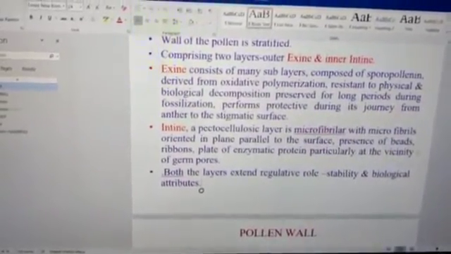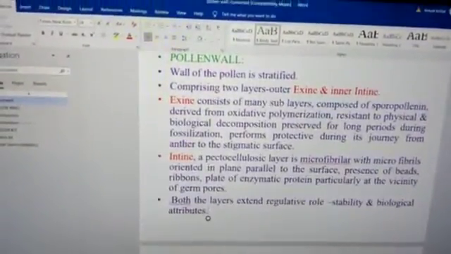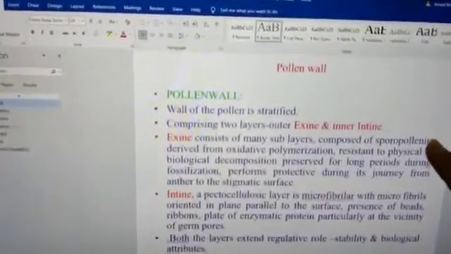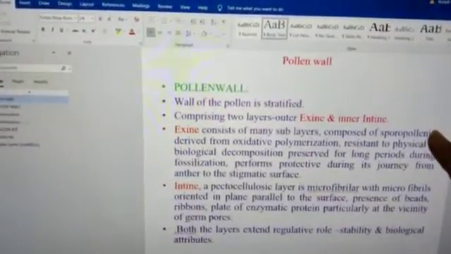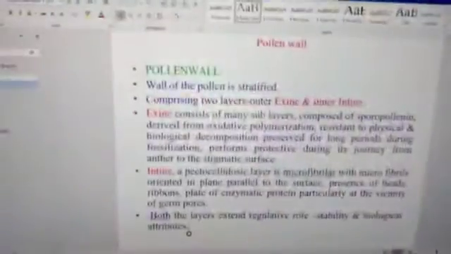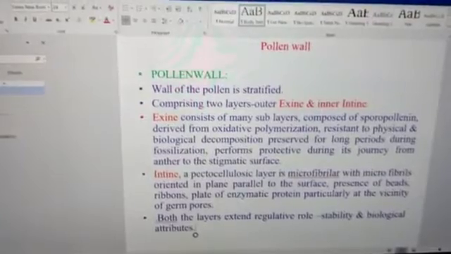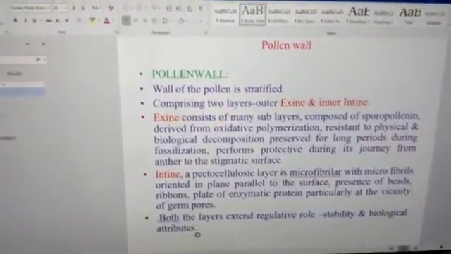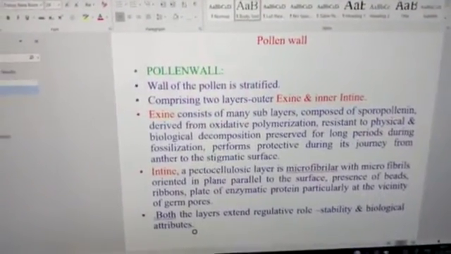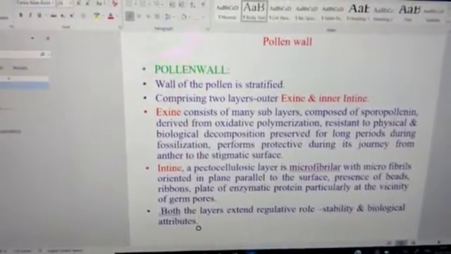The exine, as you can see, consists of many layers and sublayers, and is chiefly made up of sporopollenin, a biopolymer of carotenoids and other compounds, derived from oxidative polymerization and resistant to physical and biological decomposition. Because of the presence of sporopollenin, the microspores are preserved for a longer time.